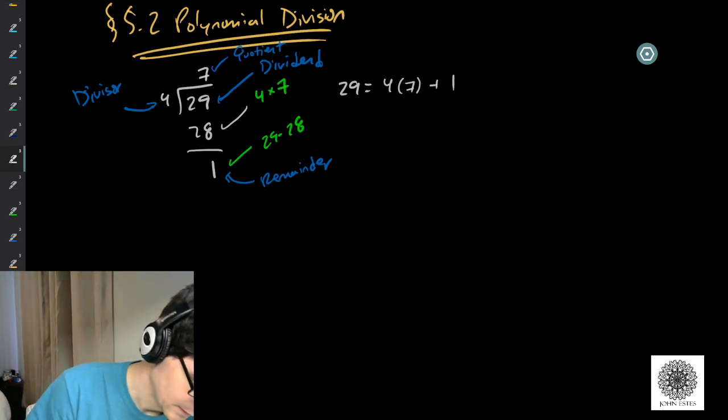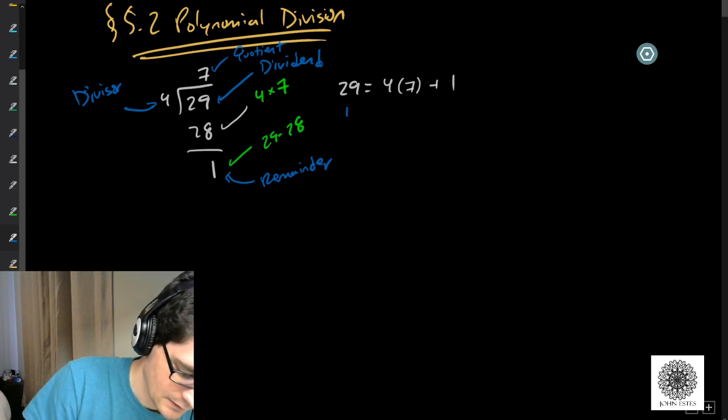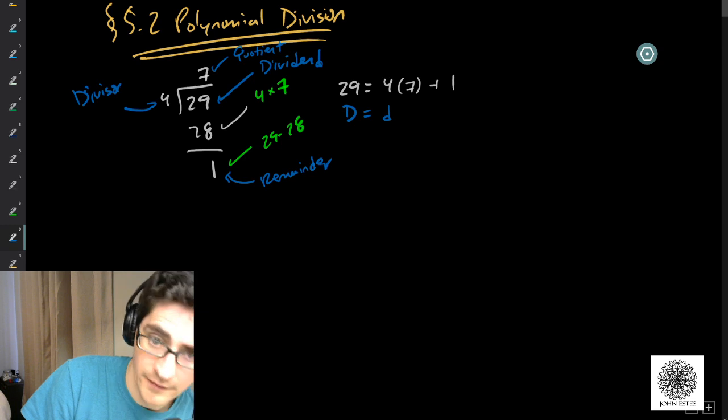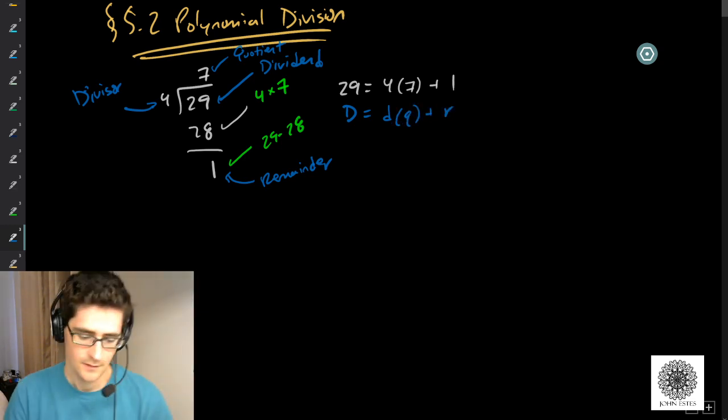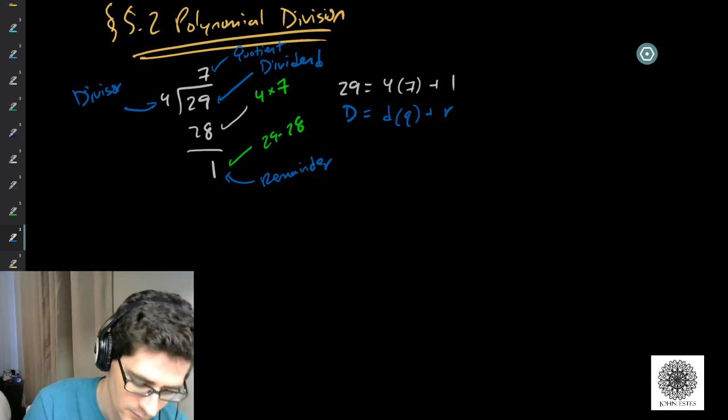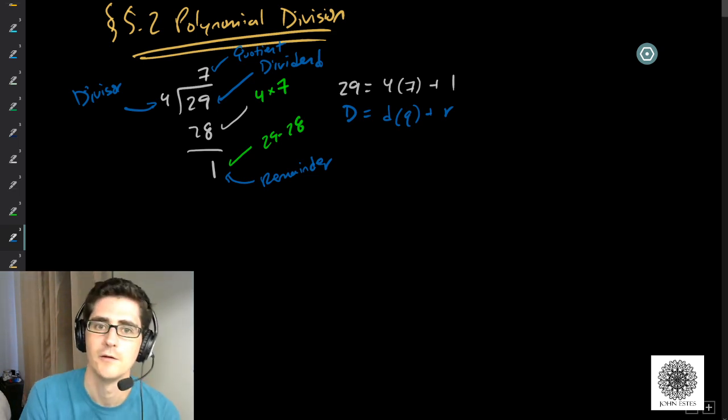And so what you can say here is that your dividend, which I'll call capital D, is the same thing as your little d divisor times your quotient plus r. All right, and so we'll use that with polynomials. And in fact, think about it. If your remainder was 0, you'd have actually factored it.